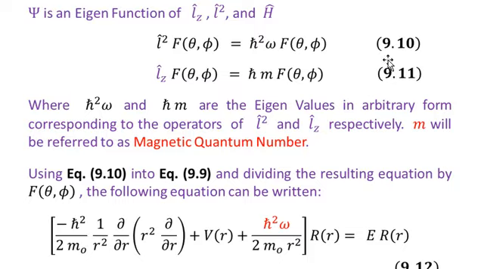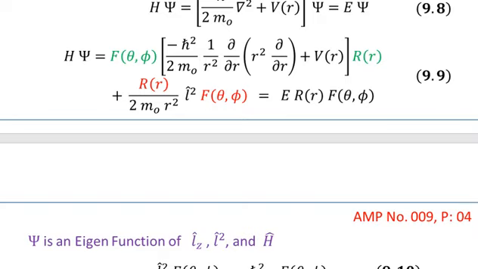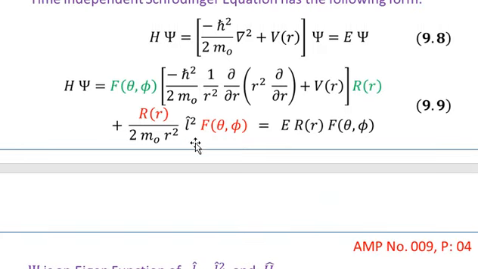Now you see equation number 10 and equation number 9. We can use these two equations, and then divide the resulting equation by f of theta. So I am using equation number 10 in equation number 9, and equation number 9 is shown over here. Equation number 9 contains the term L square operator operating on f, where f is shown in red.